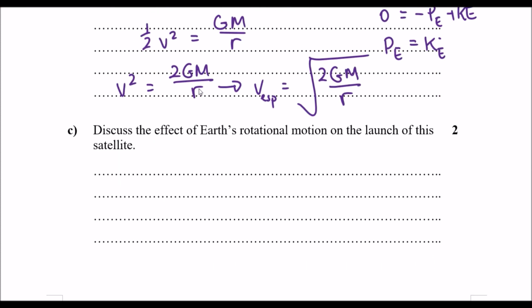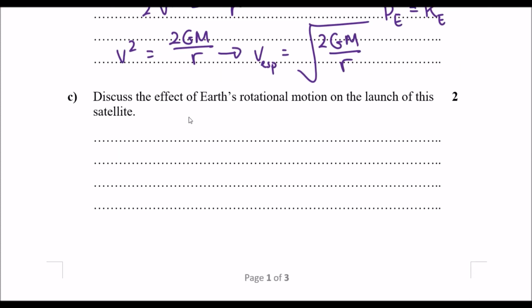Okay, question C. It says discuss the effect of the Earth's rotational motion on the launch of this satellite. So effectively, how would we want to launch it? Would we try and launch it so that it launches in the same direction of rotation or in the opposite direction of rotation?